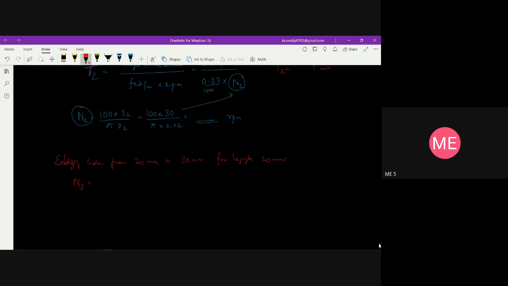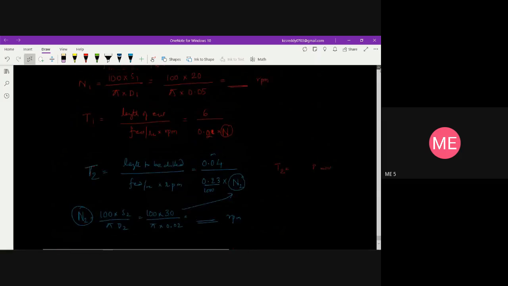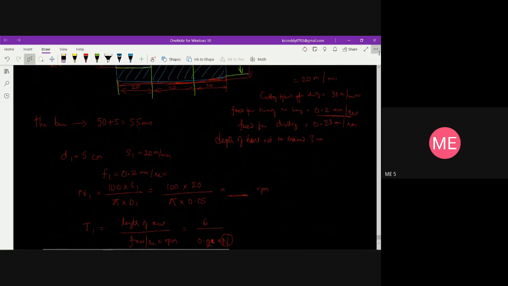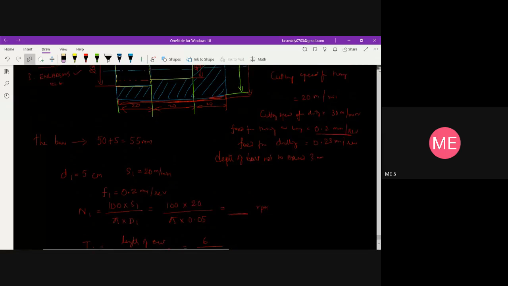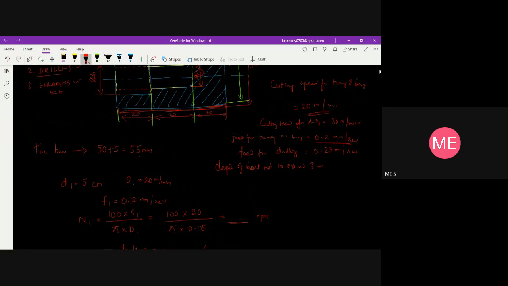N3 is equal to, because it is boring. It is enlarging an already drilled hole, which is called a boring operation. In the data he has given the cutting speed for turning and boring as 20 meters per minute.